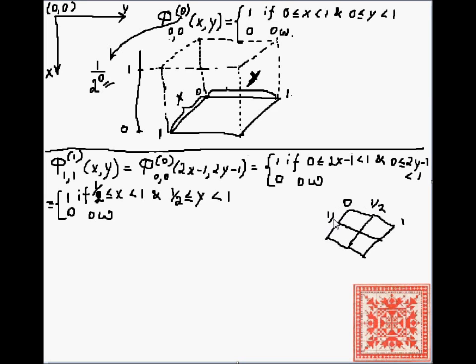So in the two-dimensional plane, the size of the square covered by this basic square step function is half by half, and this is our square. When x and y are in this square, the value of this step function is equal to 1, and it will be 0 everywhere else on the plane.